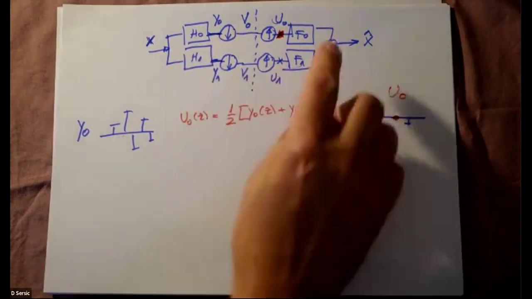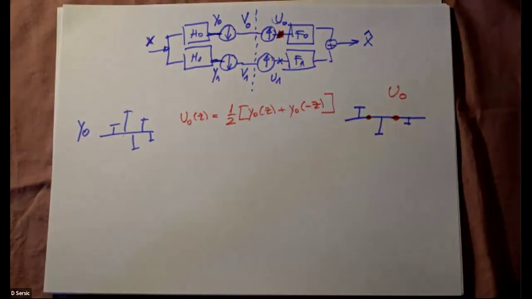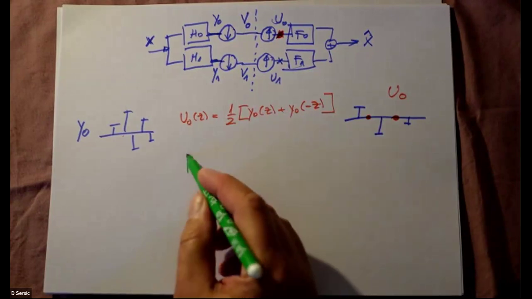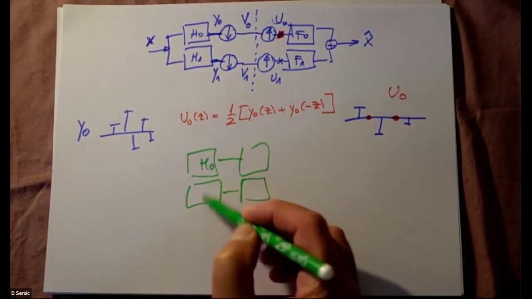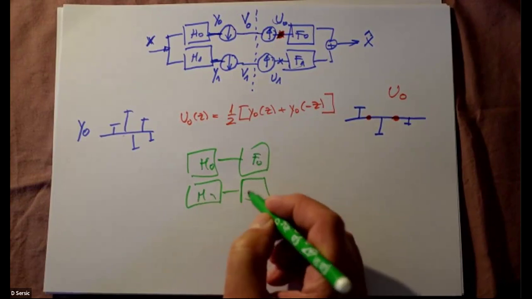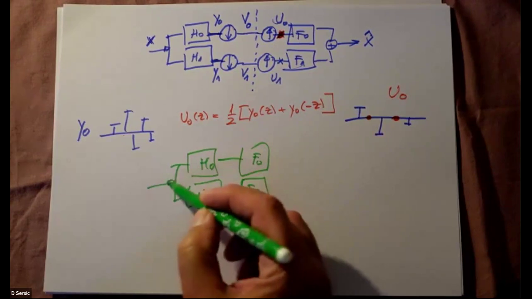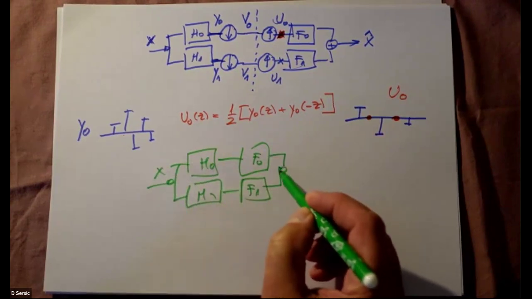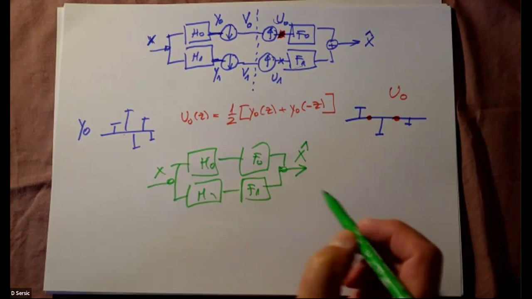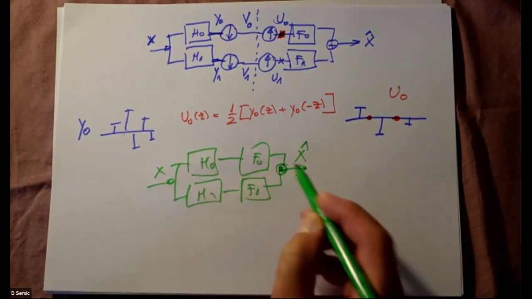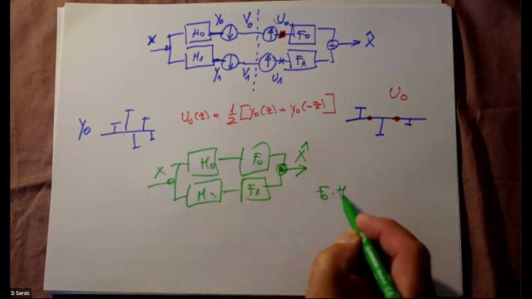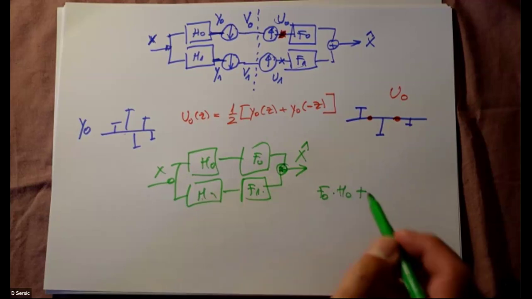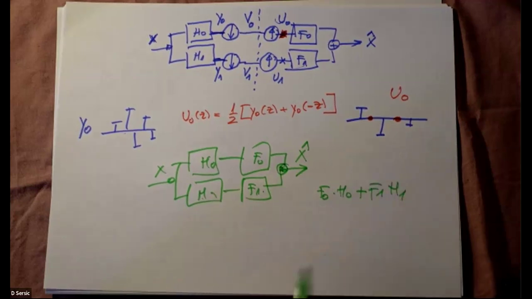So what do we have? Before, when we had no decimation, so when we had a simple filter bank, the overall transfer function was the cascade of the two, which means F0 times H0 plus F1 times H1.